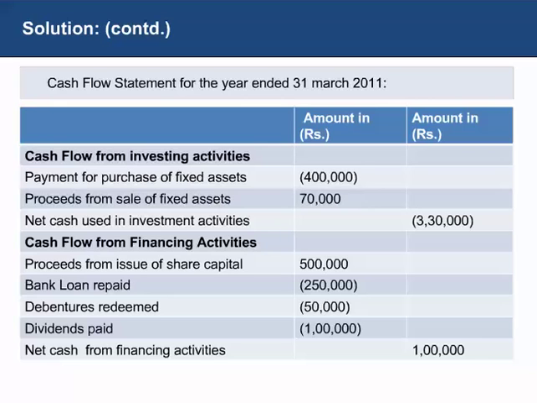Therefore, friends, since it's a negative item, we are using the words net cash used in investing activities. The cash flow from financing activities would have proceeds from issue of share capital, which is 5 lakhs, bank loan repaid, which is 2,50,000, debentures redeemed, which is 50,000, and dividends paid, which is 1,00,000. Thus, the net cash from financing activities is 1 lakh.